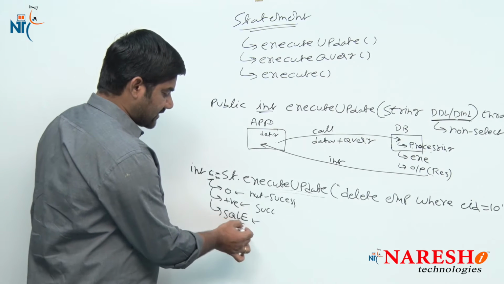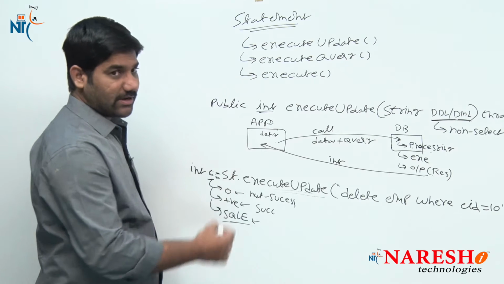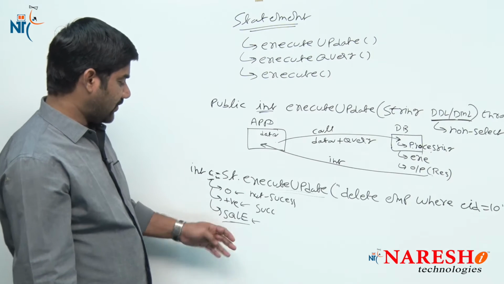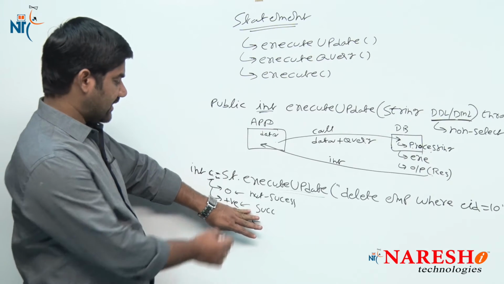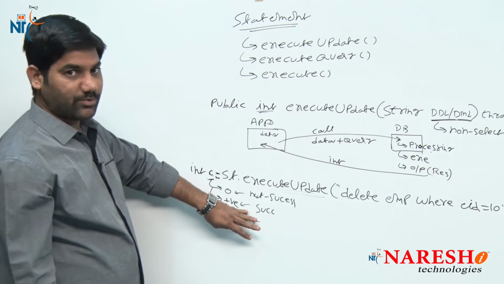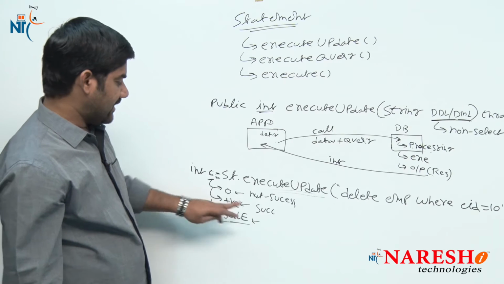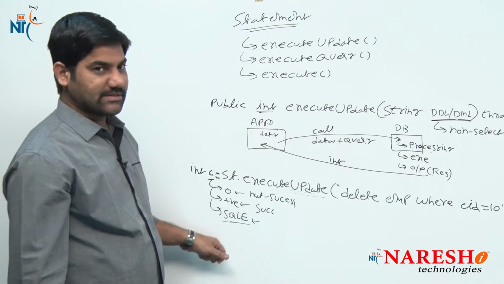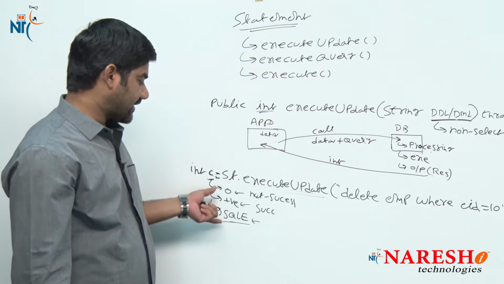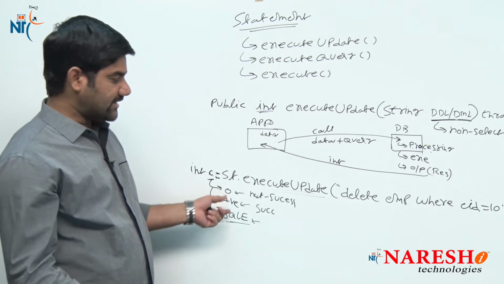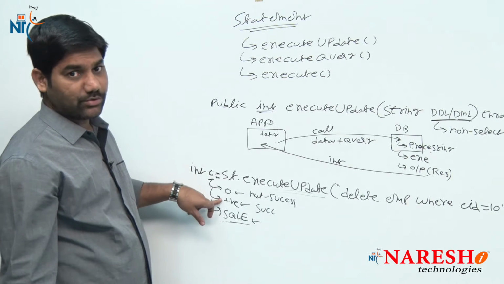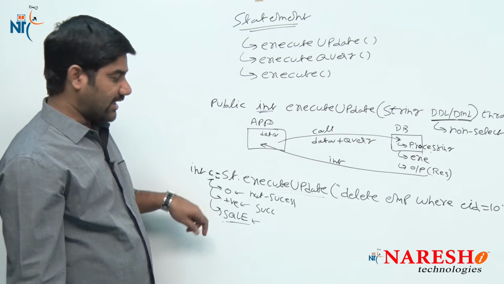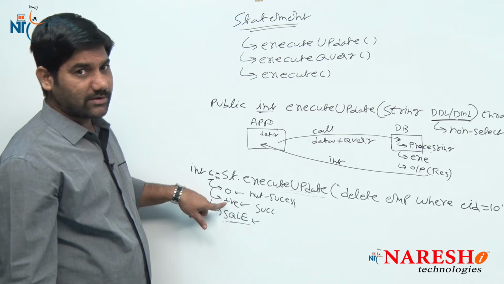This SQLException we generally handle by using catch blocks, so we do not need to bother about this one. The remaining two values are positive and 0. This is for the delete query operation. And what about other queries? Almost all queries work like this only. The only change is that the returned values change. Not every query returns 0, and not every query returns a positive value.